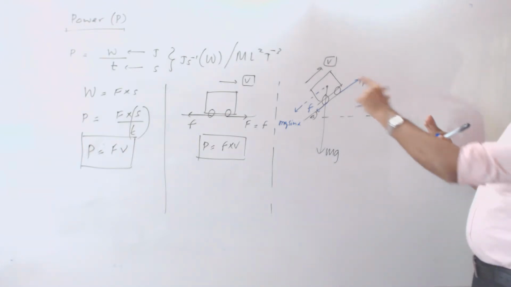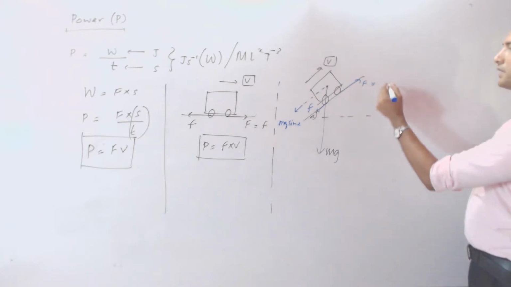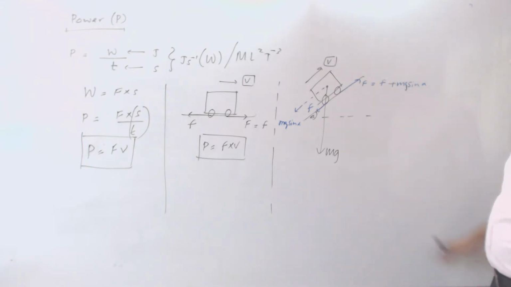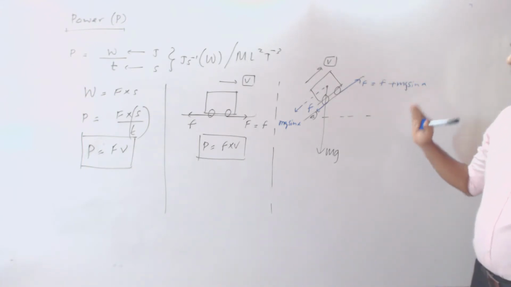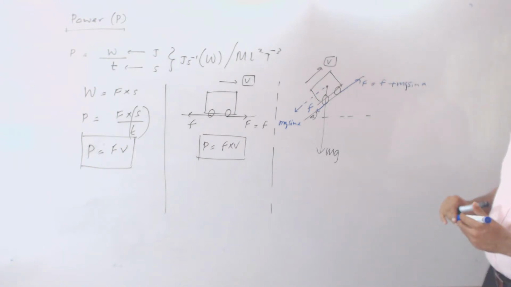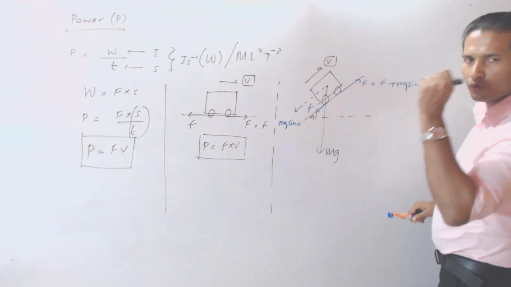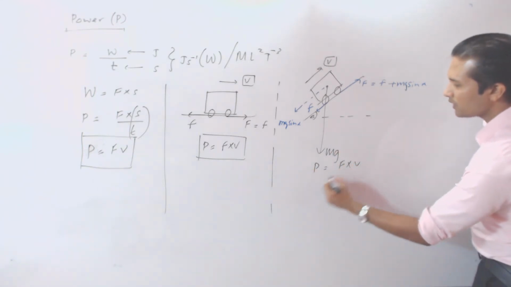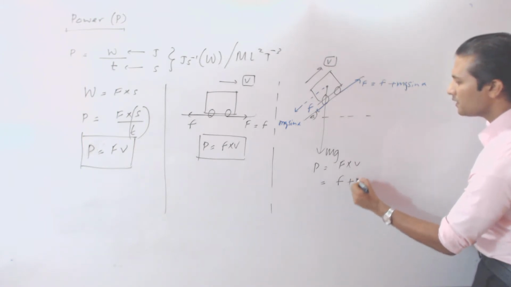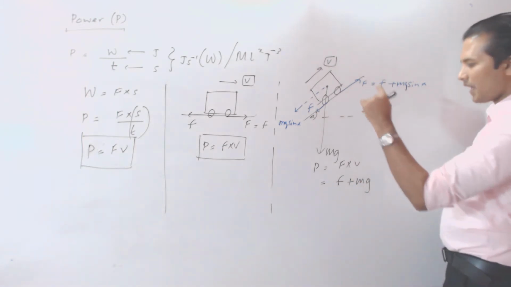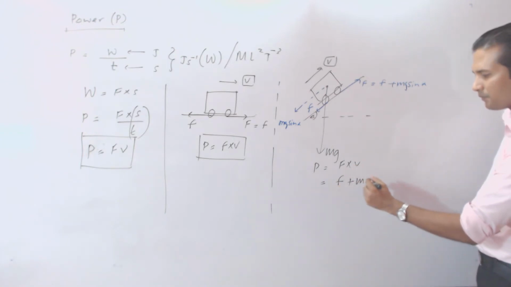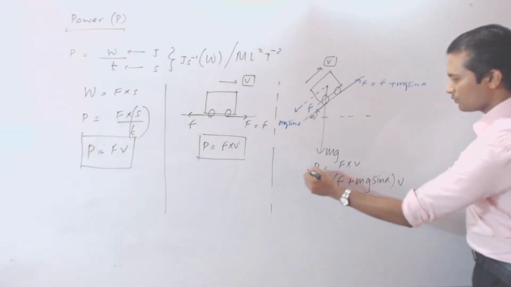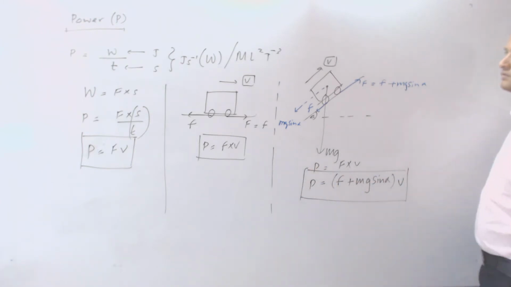That is none other than the addition of these two: simple f plus mg sin alpha gives you the accelerating force. Therefore, the power of the engine equals F into V, which is (f plus mg sin alpha) into V.